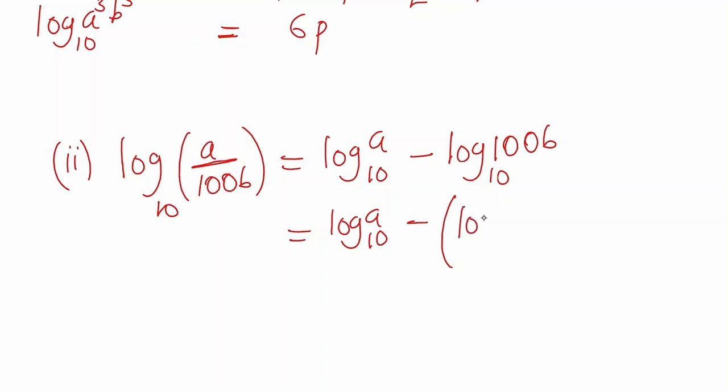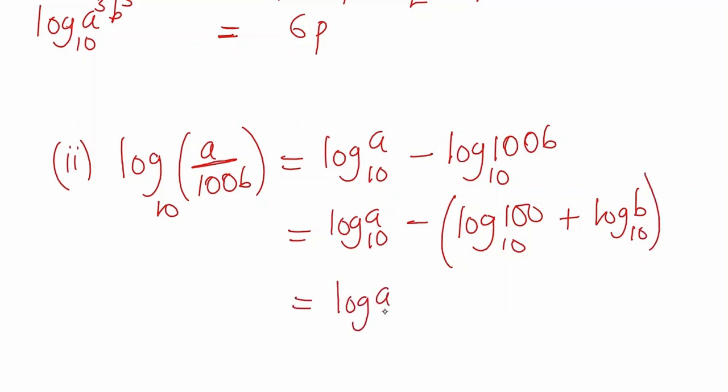So that is logarithm of 100 base 10, and then we have here plus logarithm of b base 10. Now we have logarithm of a base 10 minus logarithm of 100 base 10, and minus multiplies positive, we are going to have minus logarithm of b base 10.